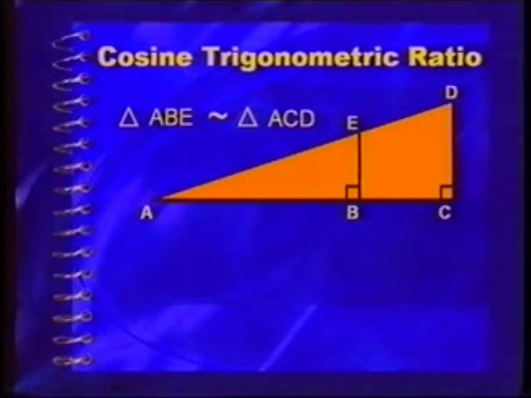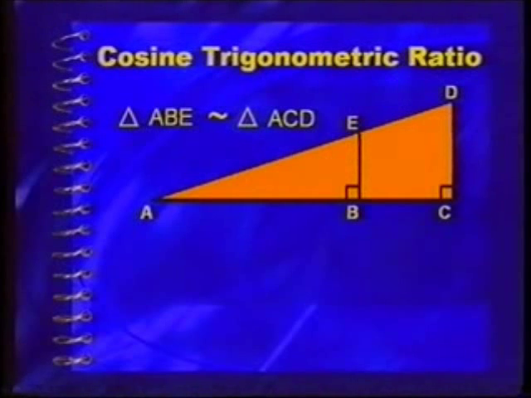Now there are, if you work it out, 6 of those ratios. Now we will only use 3. It's the sine, the cosine and the tangent, but in higher mathematics you certainly use the other ratios as well. Let's quickly go through the cosine and the tangent in similar fashion to this sine ratio.